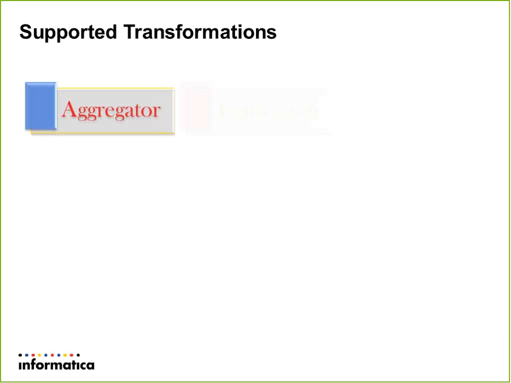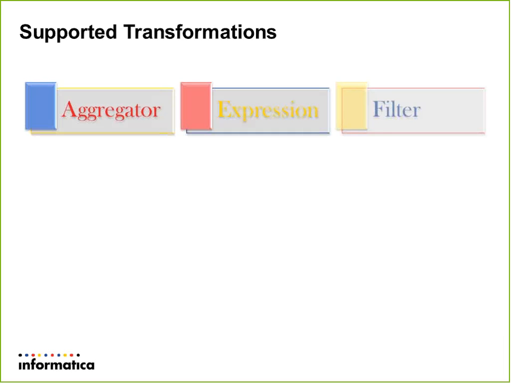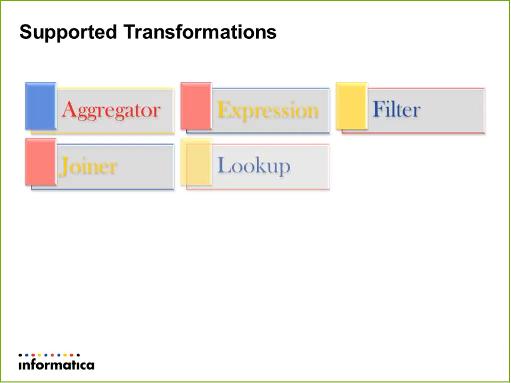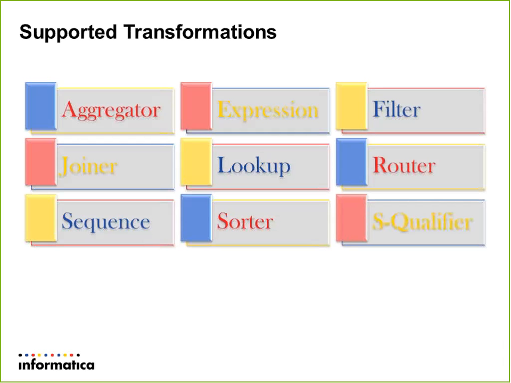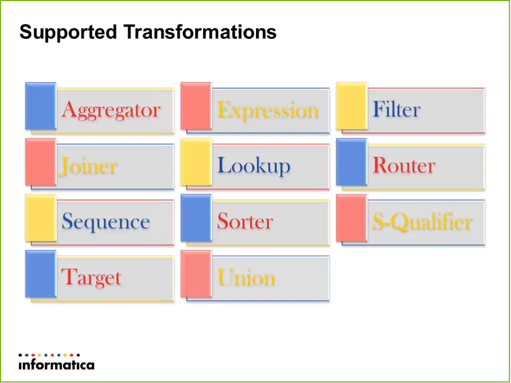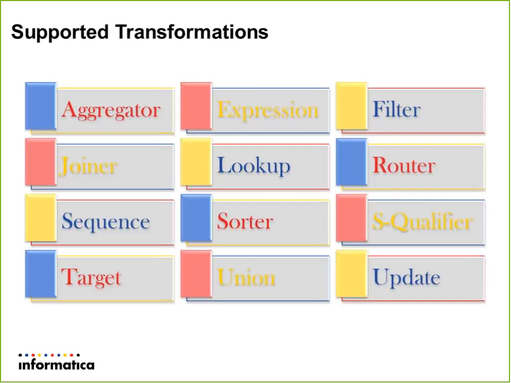Aggregator transformation could be pushed, expression, filter transformation, joiner, lookup, router, sequence generator, sorter, source qualifier, target, union, and object strategy. These are the transformations that one can push to the database with the PowerCenter Pushdown optimization.